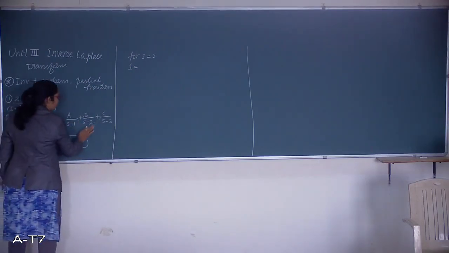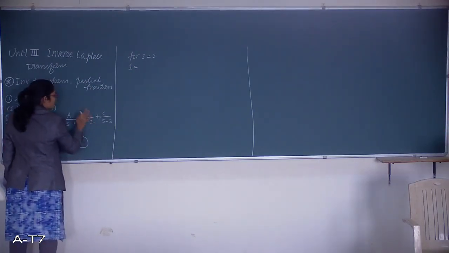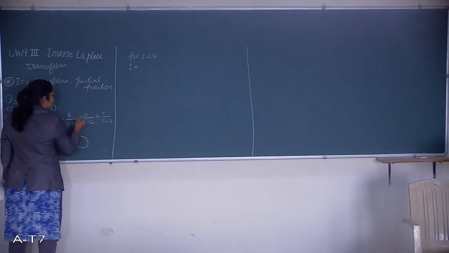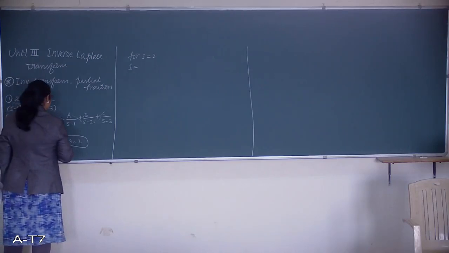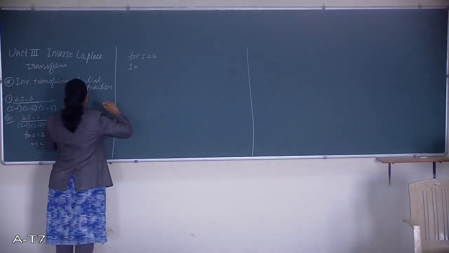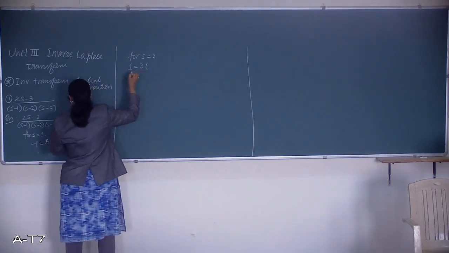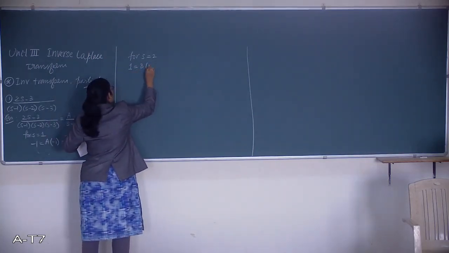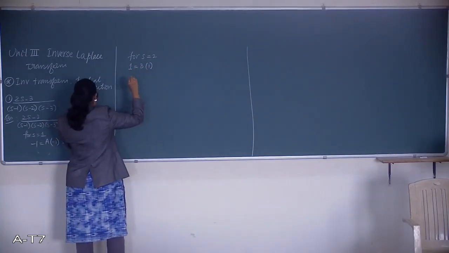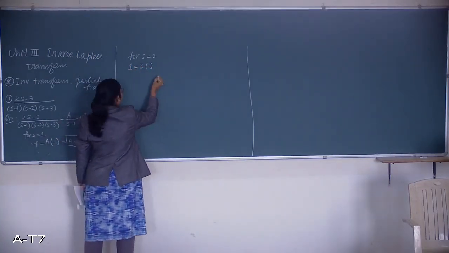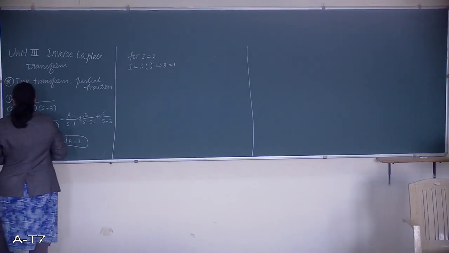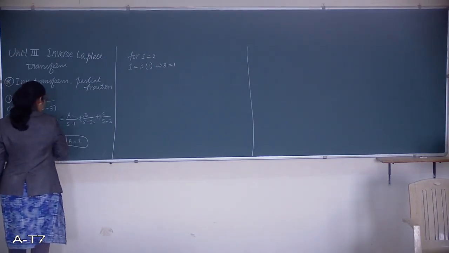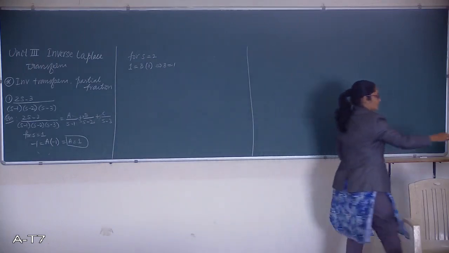I focus on this term, so obviously the other terms become 0, and only B remains. In the bracket, 2 minus 1 becomes 1, so B is also equal to minus 1.